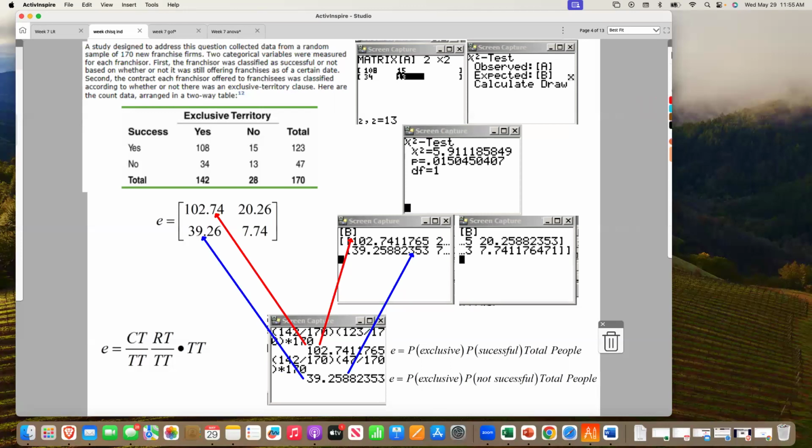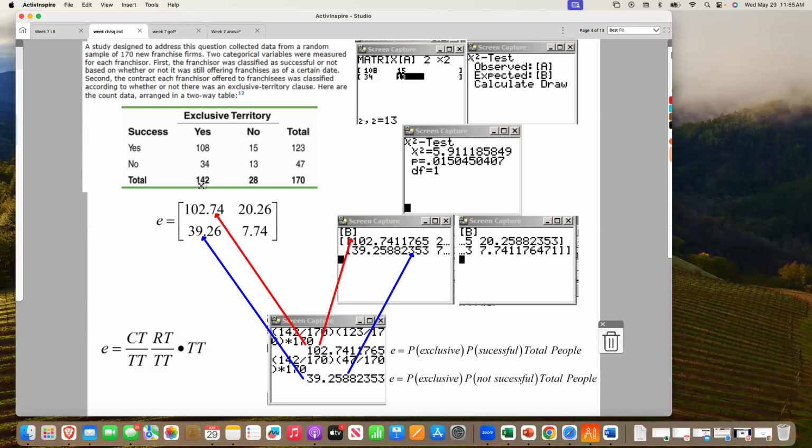Another example could be the one in which our reasoning would be a little bit different. Okay, well, now we've got definitely one population, and we're calculating in terms of whether or not this franchise is in an exclusive territory or not, yes or no, and whether or not it was successful, yes or no. And so if I would just do a couple of the expected counts down here, for instance, if I wanted to know the probability out of that one population, I would select someone that is exclusive.